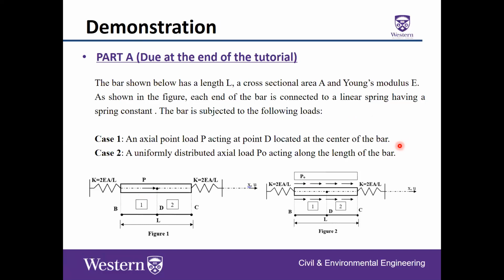Okay, so for part 1 or part A in this assignment, we have 2 very straightforward problems. The first one is kind of conceptual. We are using annotations for you to understand how to formulate the global stiffness matrix and the global load vector. Afterwards, we will talk about how to get the stresses within each element of the bar elements.